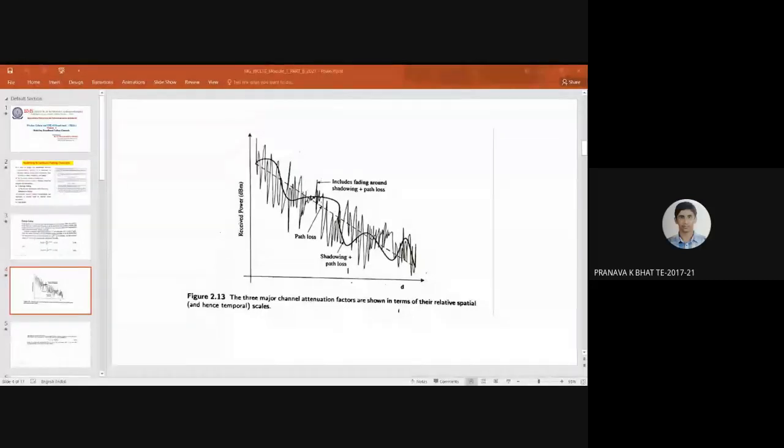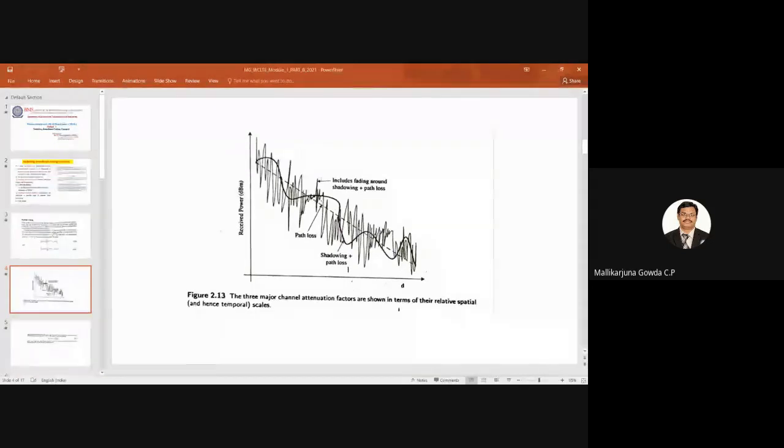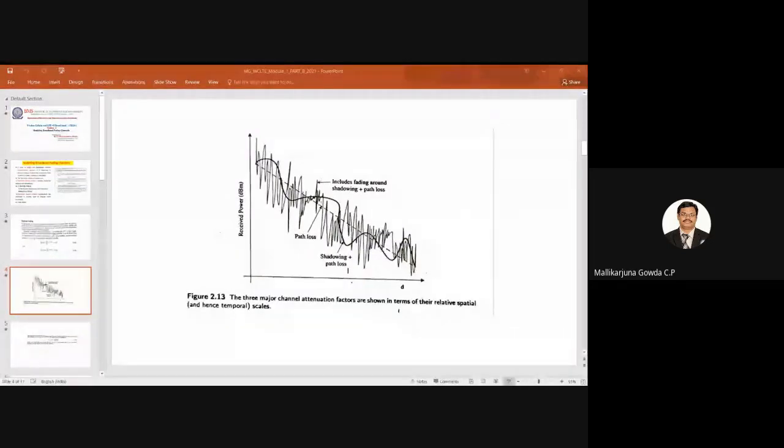Yes, sir. I showed the diagram. Could you observe what it is? It is still visible, I have not removed it. It shows the major channel attenuation factors, sir. Major channel attenuation factors, right?